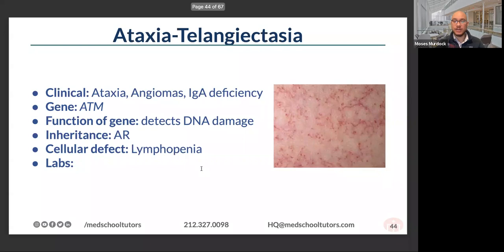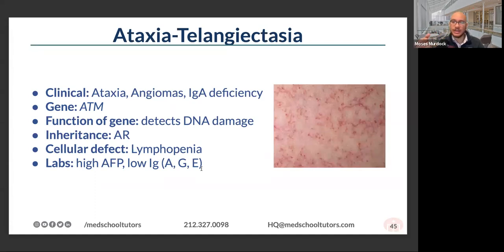So typically, you see lymphopenia, so low lymphocytes, low B and T cells, as the predominant finding. And in terms of the labs, you might see a high AFP, alpha fetoprotein, which is just a lab test you can send, and you see low immunoglobulins.